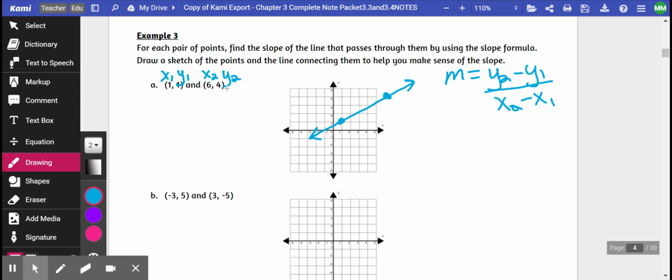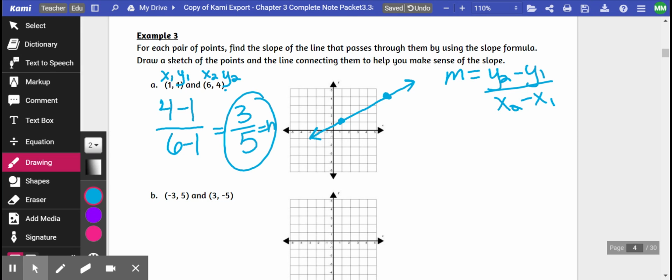So I'm going to use this one minus this one, so 4 minus 1 over 6 minus 1. So I get 3 over 5, and that would be m. And if you look visually, you can see that we went up 3 over 5.